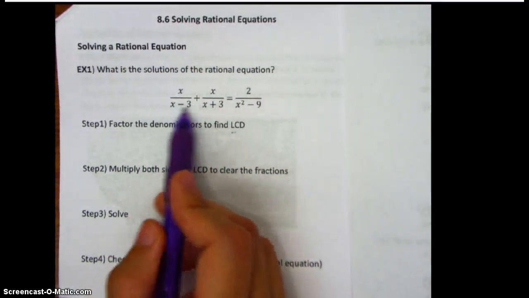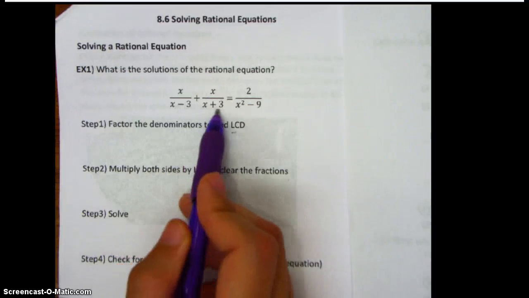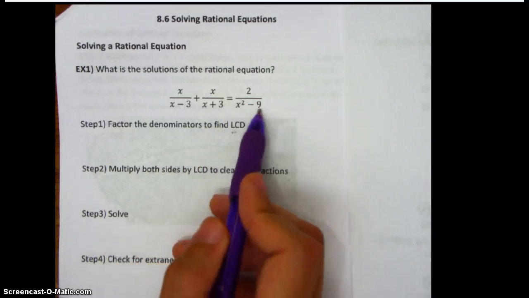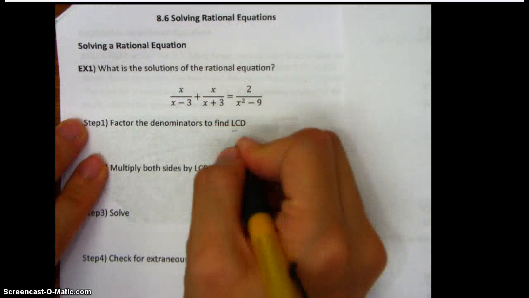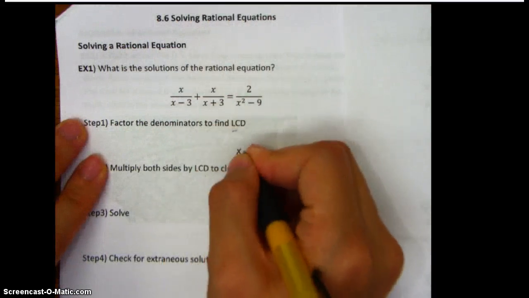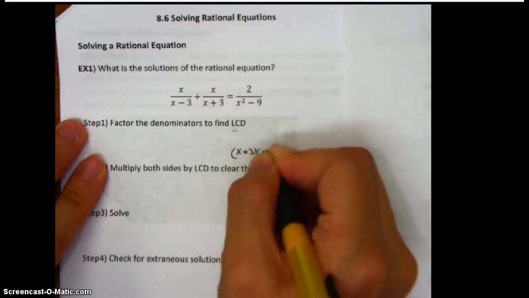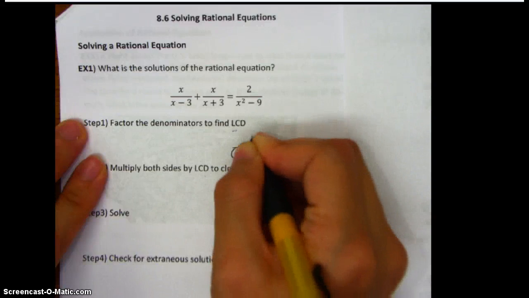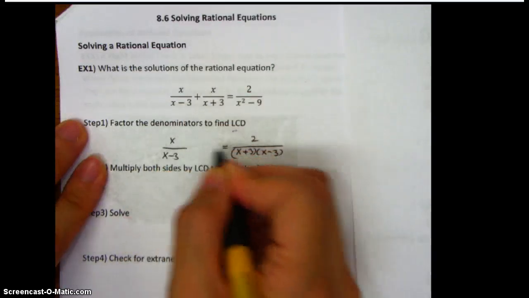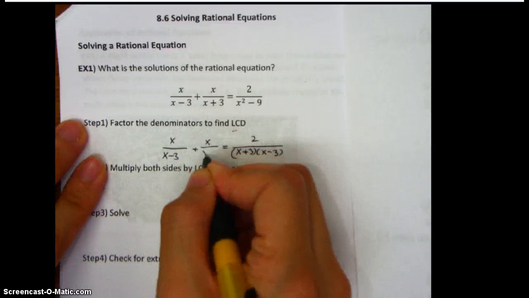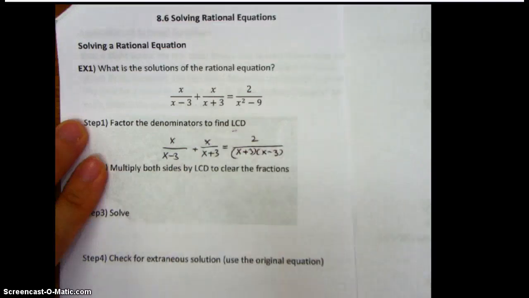If you look at this denominator, you cannot factor this anymore, x plus 3 as well, but you can still factor x squared minus 9. So I can factor this to x plus 3 times x minus 3. Everything else will be the same because they are already in factored form. Okay, so we did the first step.